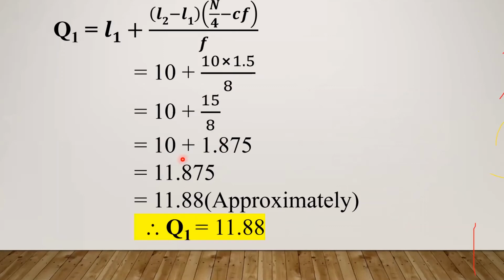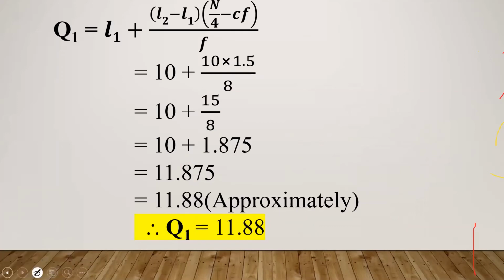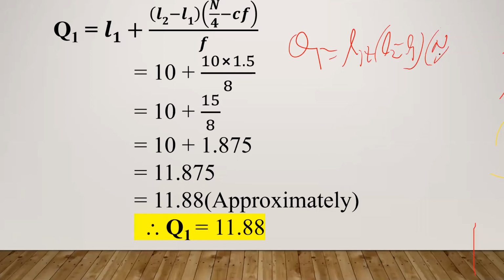Here I would like to point out the common mistake which students make. What is that common mistake? Many students, while writing this formula, write Q1 as L1 plus L2 minus L1 into N by 4 minus CF, and they write F here. Means they make this division for L1 also.